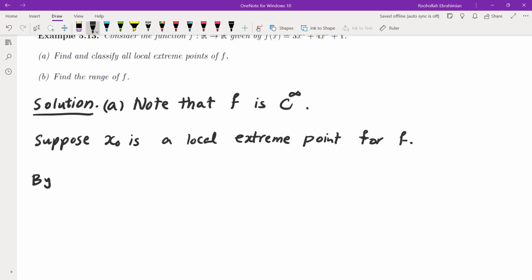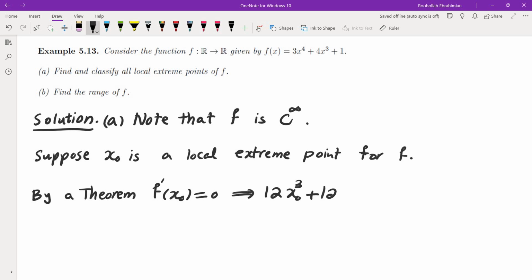By a theorem, f prime of x0 must be 0, which means 12 x0 cubed plus 12 x0 squared must be 0, and this gives us x naught equals 0 or negative 1. If you just factor 12 x naught squared, you get that.